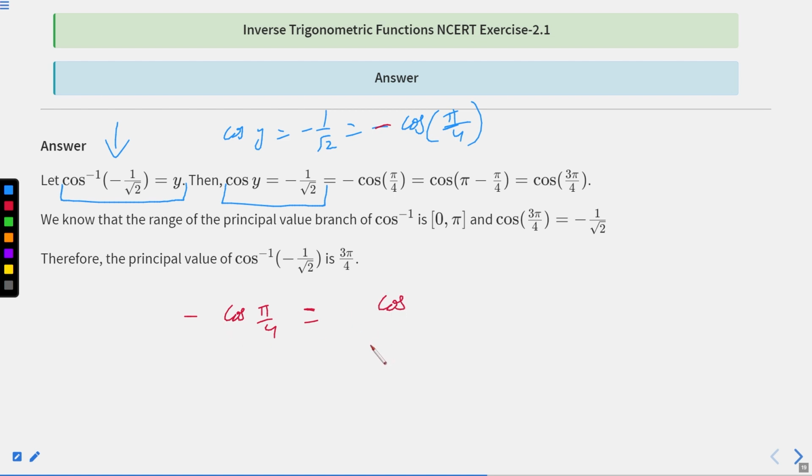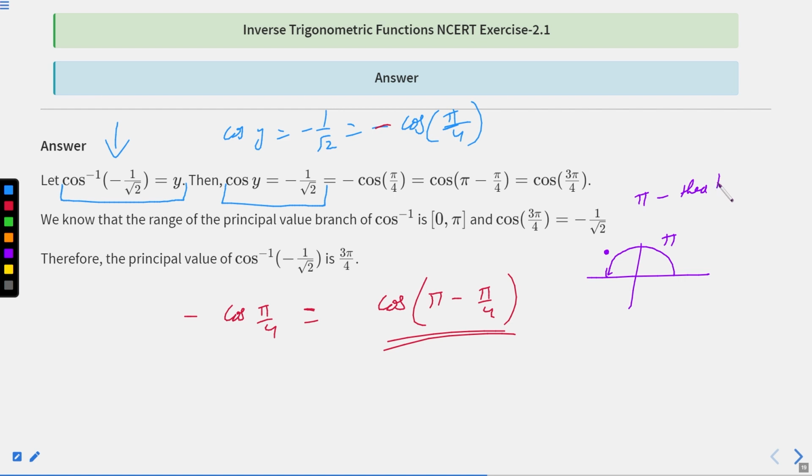If it is in the second quadrant, then we can do pi minus theta. So cos of pi minus theta is equal to minus of cos theta.